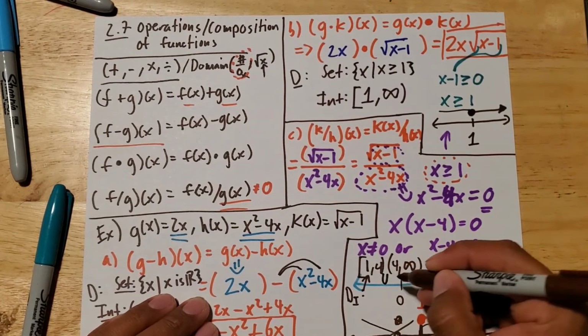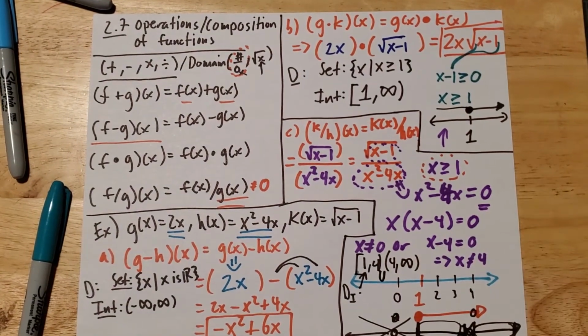And don't forget to put that union there that tells us that this is one complete function together. But the main thing to take out of this is that whenever you're doing the domain, whenever they are overlapping each other, you want to watch out for that. Make sure you're looking for that.